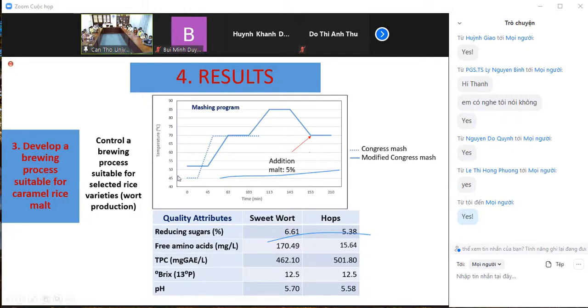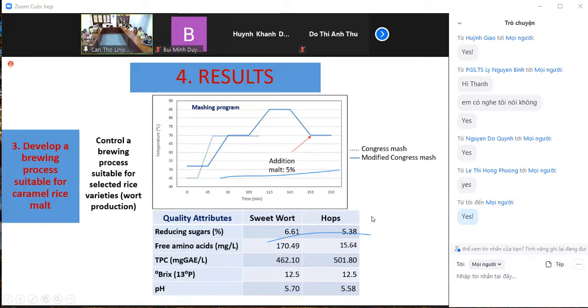So after mashing we obtain the sweet wort. Sweet wort is boiled with hops to obtain the hopped wort.